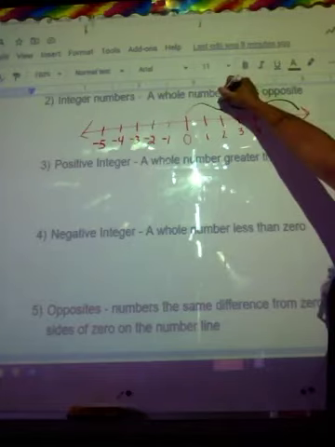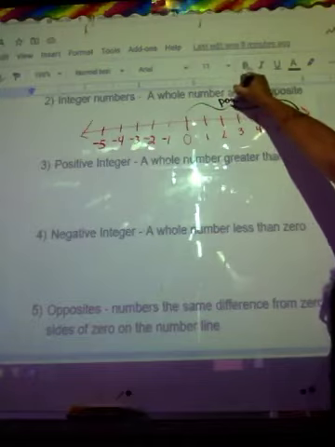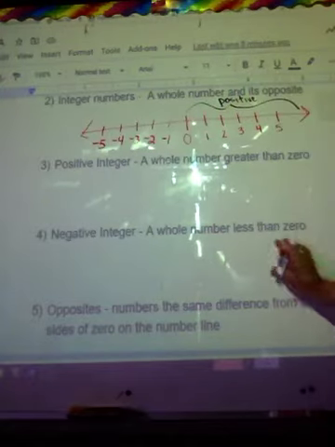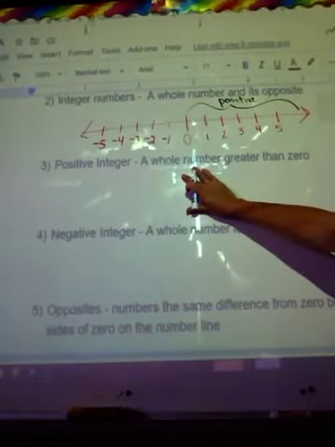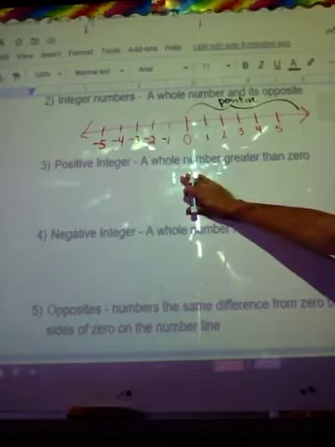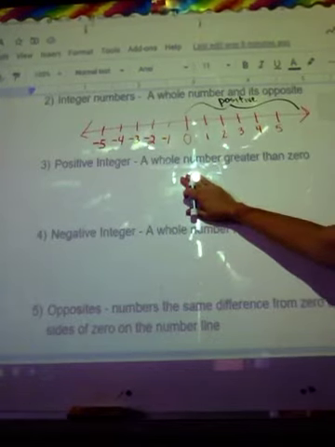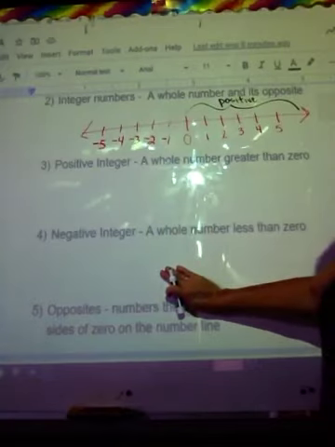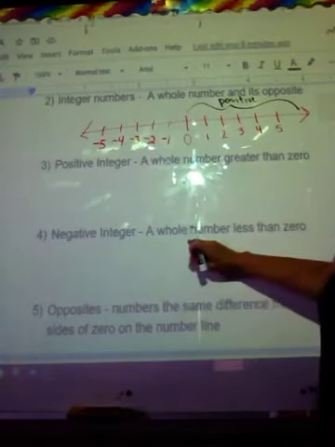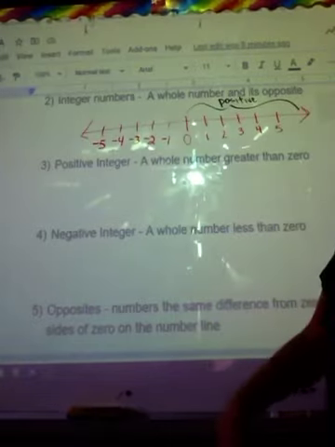So these are positive. A whole number greater than 0. So if it's bigger than 0, it's positive. Then, a negative integer, you guessed it, is a whole number less than 0.